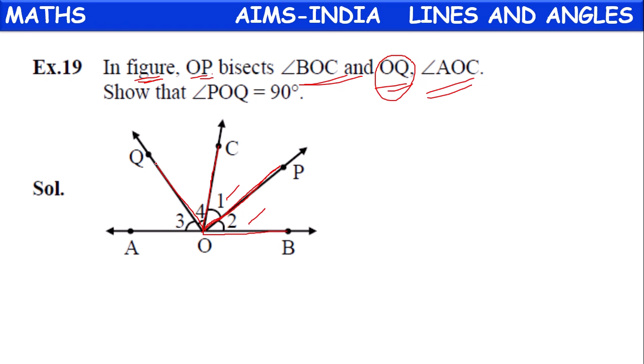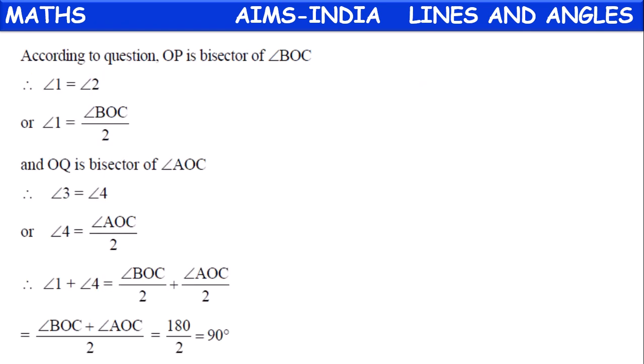This OQ line bisects AOC into 3 and 4. Then show that POQ. POQ means 1 plus 4. This 1 plus 4 equal to 90 degrees.